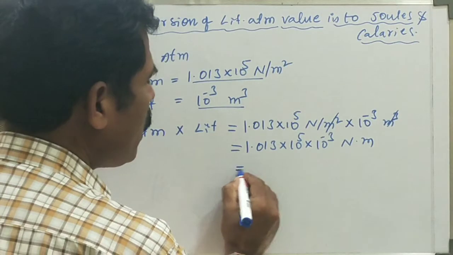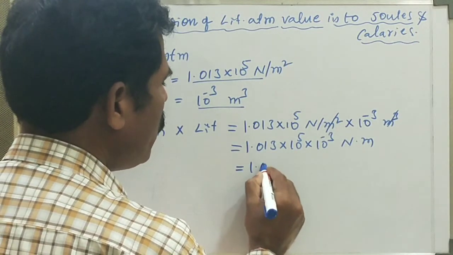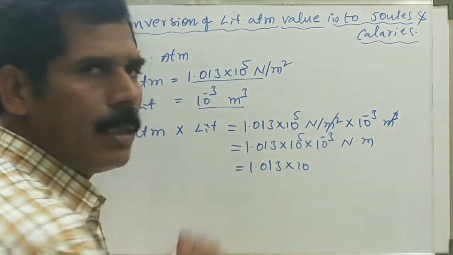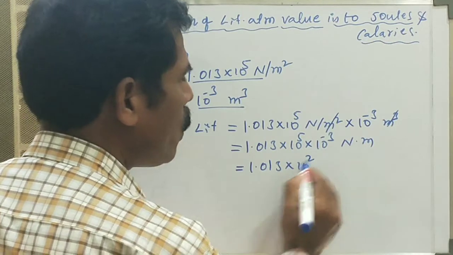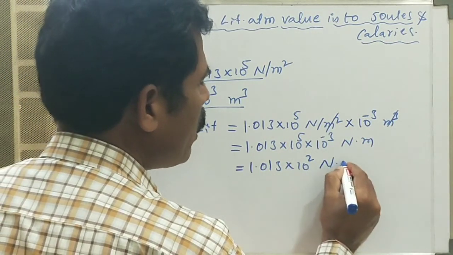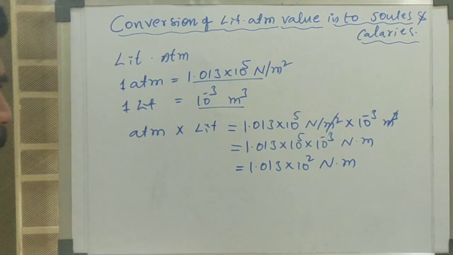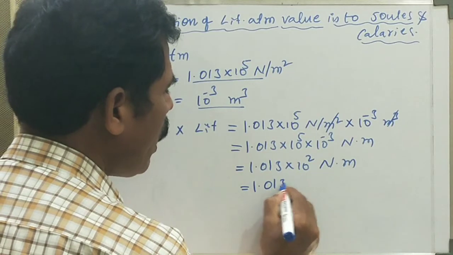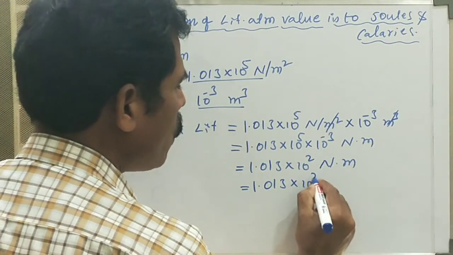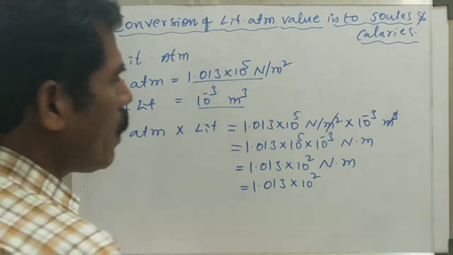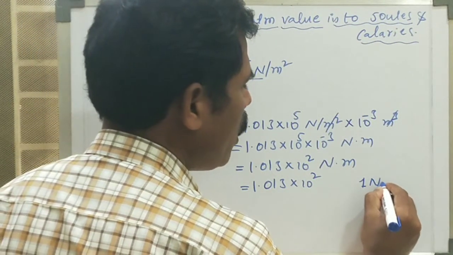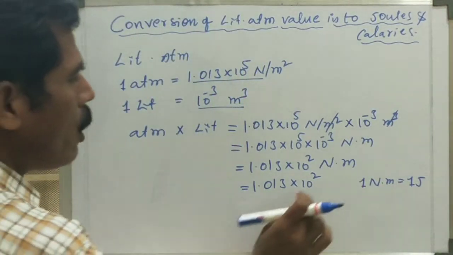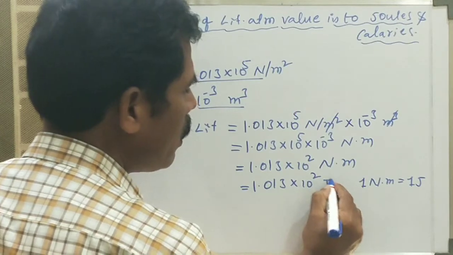Now that is equal to 1.013 into 10 to the power of, this is -3 plus 5, which is 2. So Newton meter is left: 1.013 into 10 to the power of 2 Newton meter. 1 Newton meter is equal to 1 joule, so instead of Newton meter we can write joule.